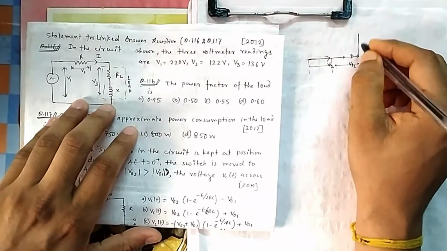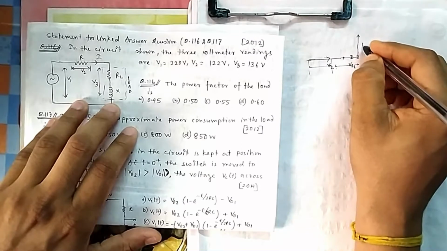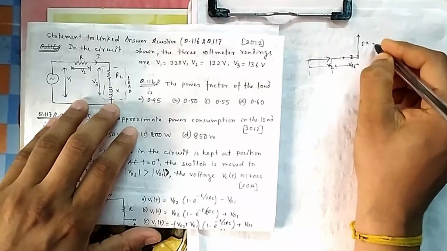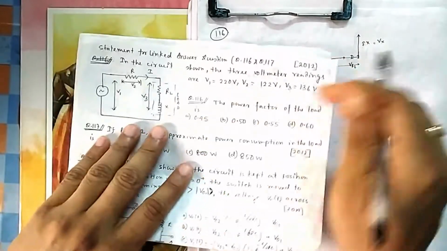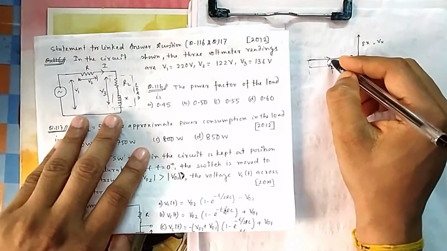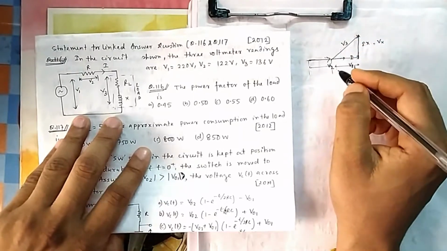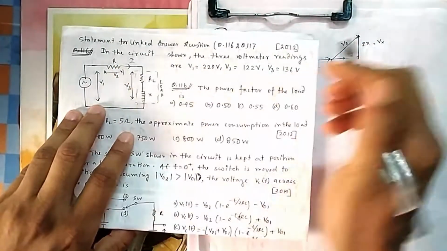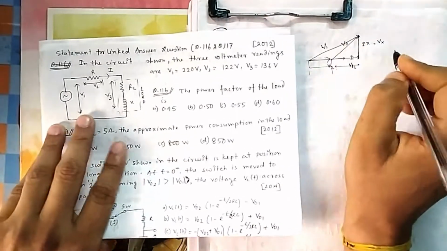This will always be upwards, because current lags, so voltage should be upwards, which is Ix, or you can write Vx. If you add this VRL and Vx, then you will find V3. So this is my V3, this is my V2, and if you add V3 plus V2, then you will get V1. Okay, this is the geometry you can think about.